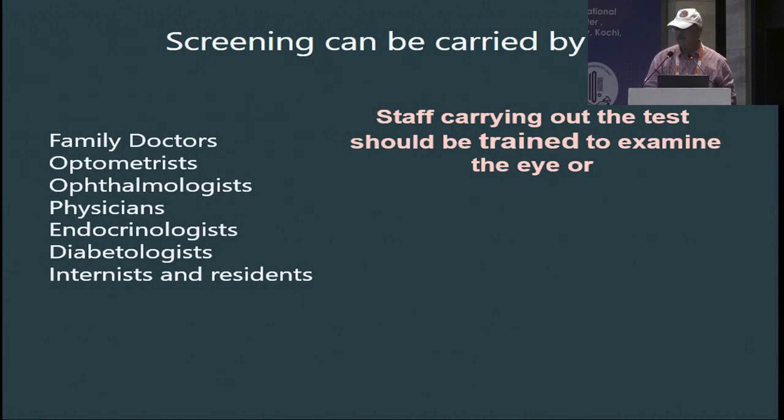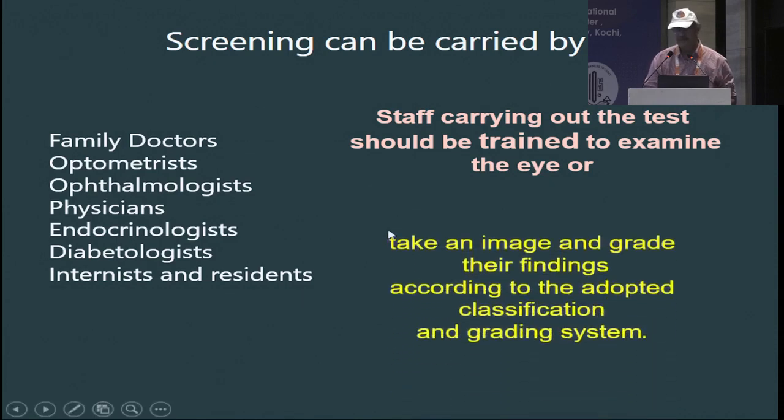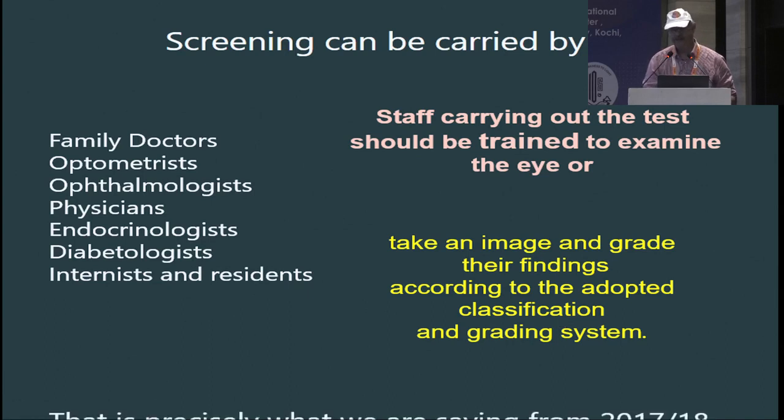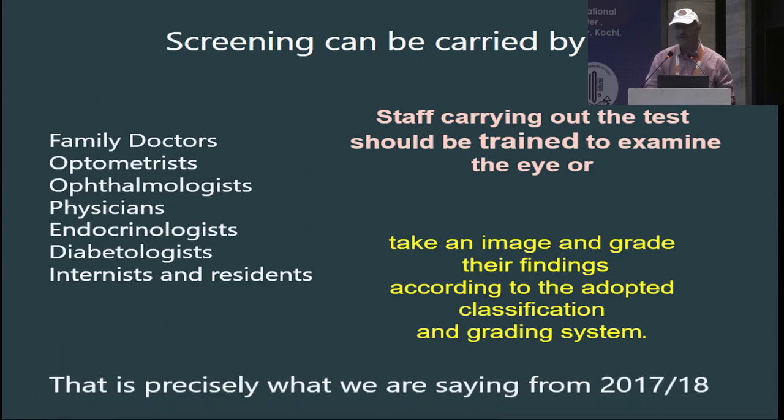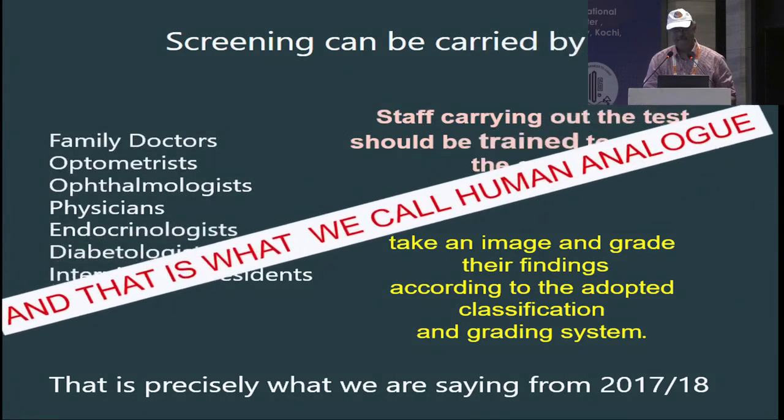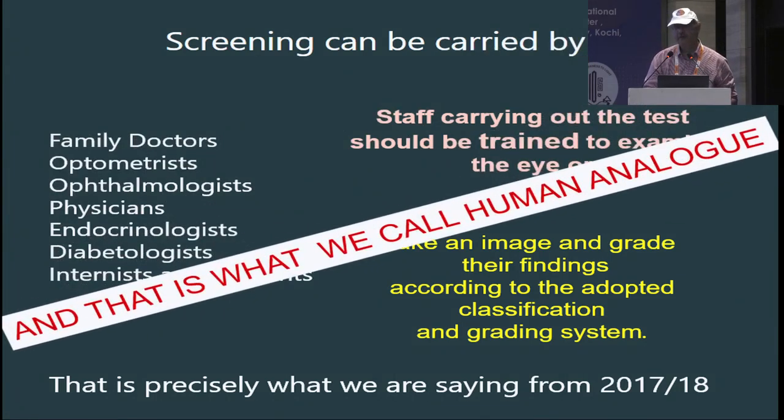Either they should be trained to examine the eye, and if it is difficult, then they should be able to interpret a picture. So that is the WHO guideline in 2020. That is precisely what we are saying, but we have been saying it from 2017-18. And that is what we call human analog.